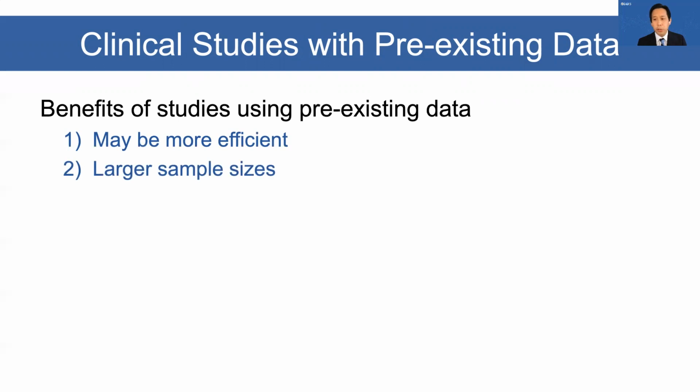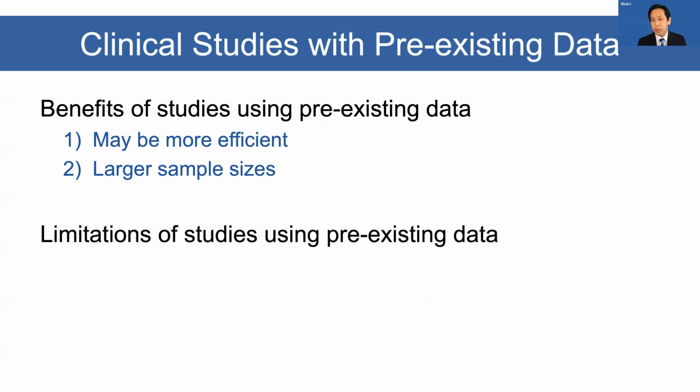Also, larger studies with larger sample sizes can also be done when you have pre-existing data. And this is important specifically when evaluating anesthetic neurotoxicity, because if we believe that anesthesia has an effect, it's likely to be a modest effect, and larger sample sizes are required to evaluate smaller effects.